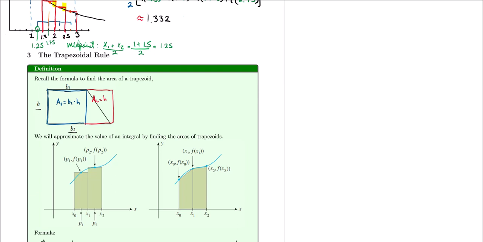Well, the base, it's not b2, but instead this base is actually going to be b2 minus b1. Alright, so the thing is though, we're not really looking for area 2, but instead what we're looking for is this area right here, which happens to be 1/2 of A2.